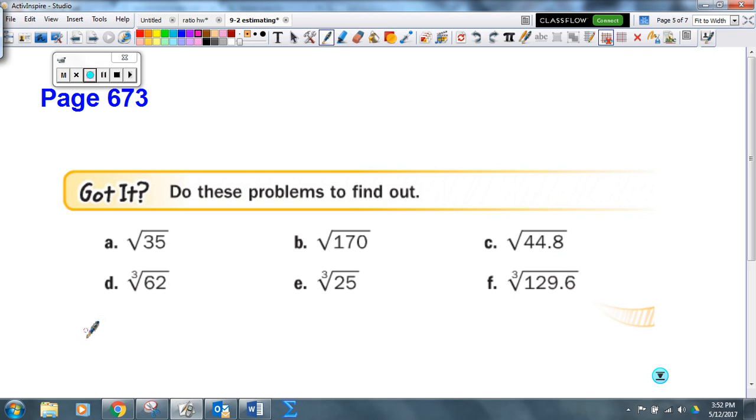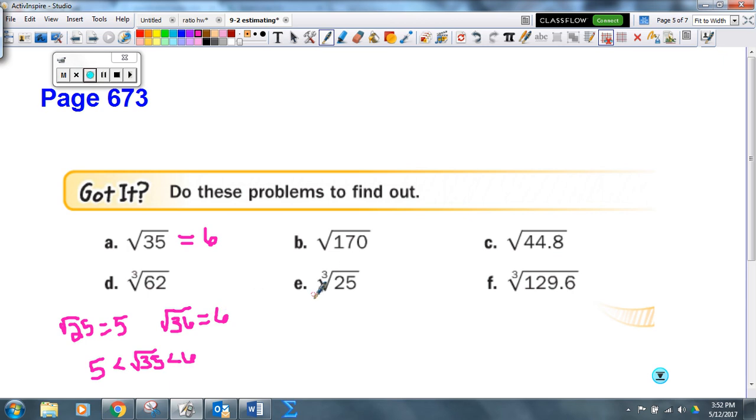Well, on the list we see that the square root of 25 equals 5 and the square root of 36 equals 6. 35 is in between 25 and 36, so we know that 5 is less than the square root of 35, which is less than 6, because that's in between. Now, 35 is obviously much closer to 36 than it is 25. Therefore, to the nearest integer, the square root of 35 is 6.